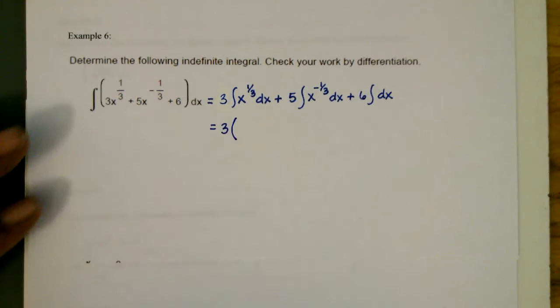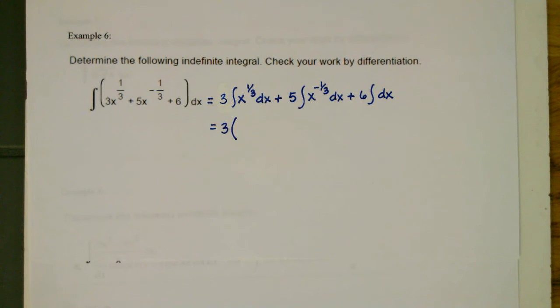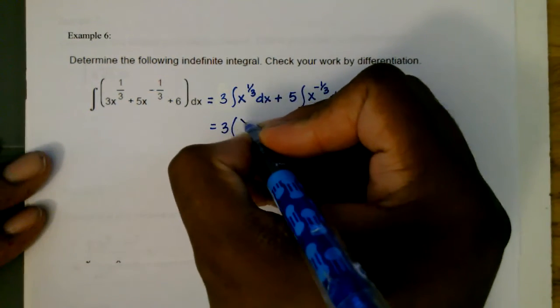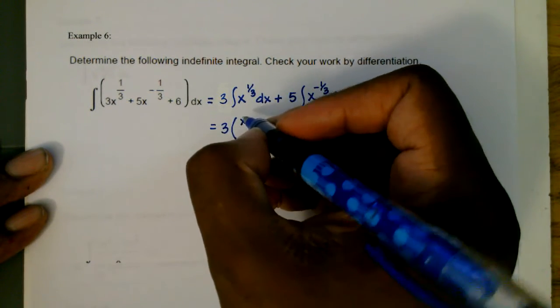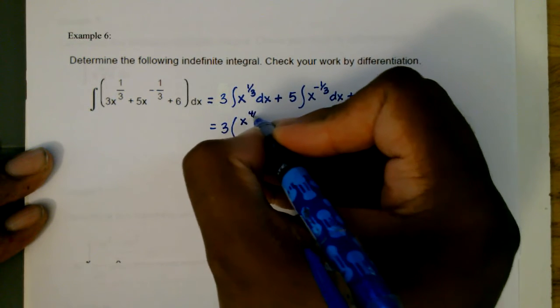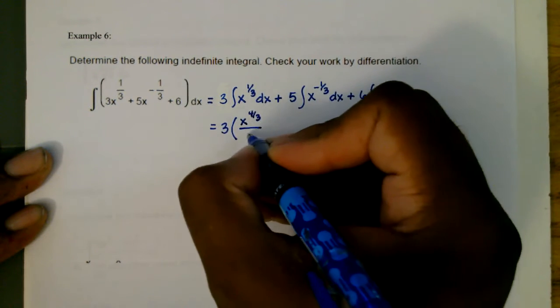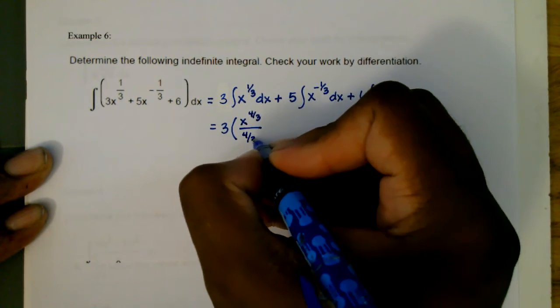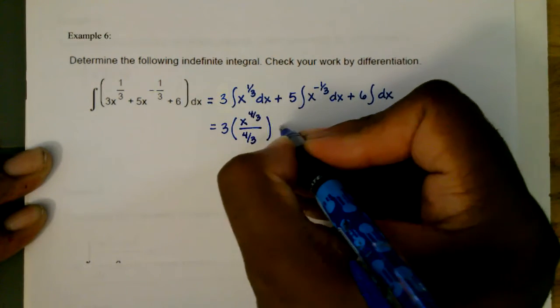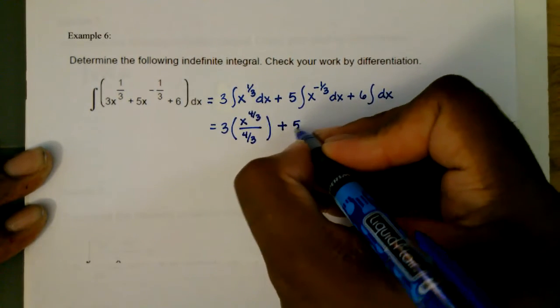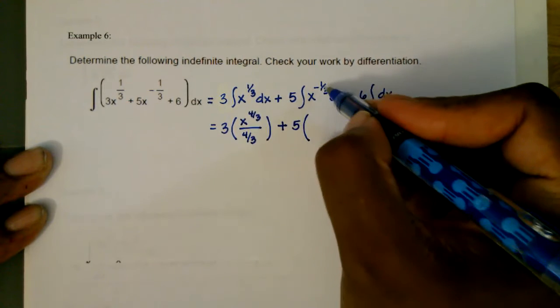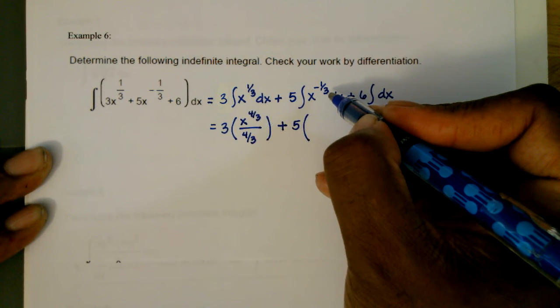And now let's take the integral of x to the 1/3 dx. So I bring down the 3. For the x, I increase the power by 1. So 1 plus 1/3, that'd be 1 and 1/3, but as an improper fraction, it'll be 4/3. That'll be divided by 4/3. And then plus, bring the 5 down, increase the power by 1.